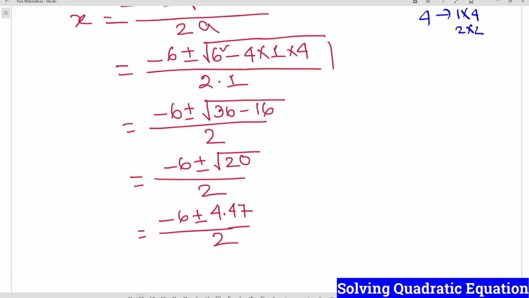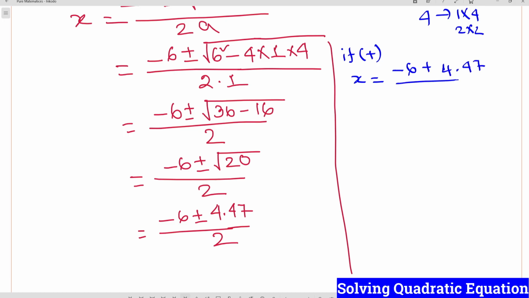Now there are two parts. If positive, x equals minus 6 plus 4.47 divided by 2. We will get minus 1.53, and once we divide by 2, the result will be minus 0.76.